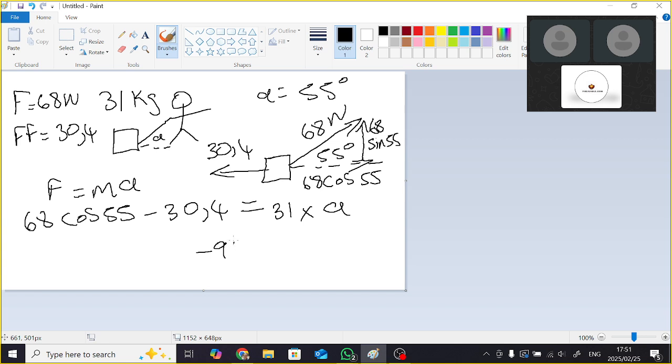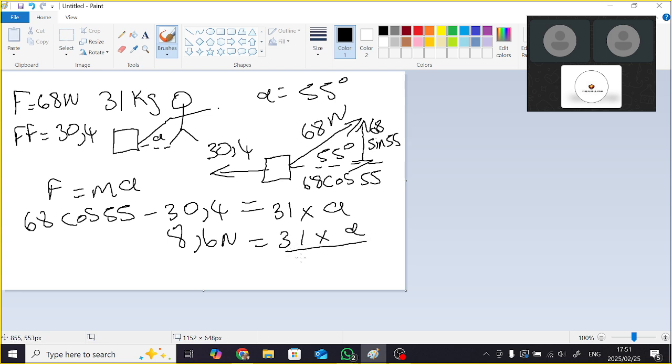We just double, oh, sorry, I meant 68 cos 55 minus 30,4. Okay, there we go. That's the correct answer. And that is 8,6 newtons, and that is equal to 31 times the acceleration, right?